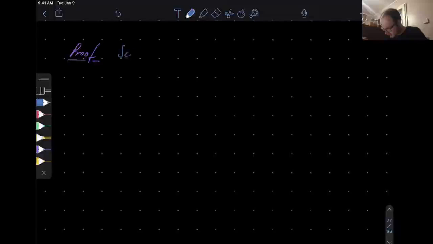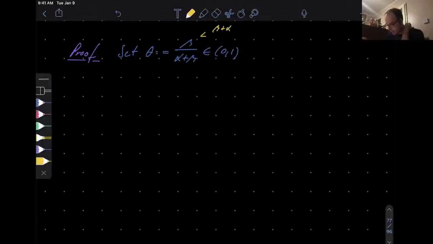So first, set theta, the ratio. So alpha and beta were positive numbers. So let's create this number here, beta over alpha plus beta. This is a positive number for sure, because you take a ratio of two positive quantities, beta and alpha plus beta. And this is also a quantity which is strictly less than 1, right? Because you could find an upper bound, which is beta plus alpha, which is 1, because you add here a strictly positive number.